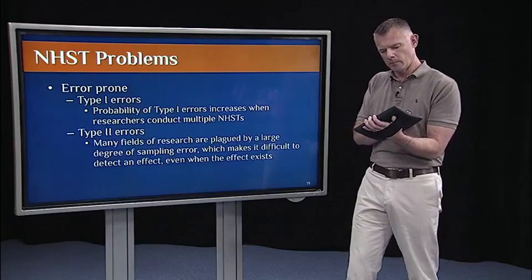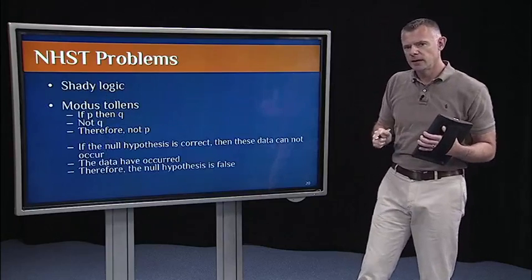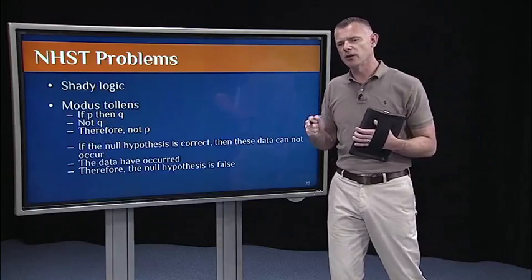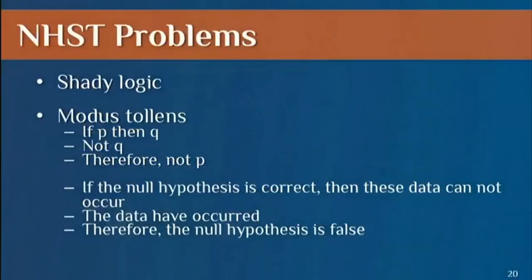And finally, NHST forces you to engage in what I call shady logic. At first, it seems very clear. If you remember from basic logic class, modus tollens, everything on this slide is perfectly valid. Modus tollens just says, if P then Q, not Q, therefore not P. That's all valid.